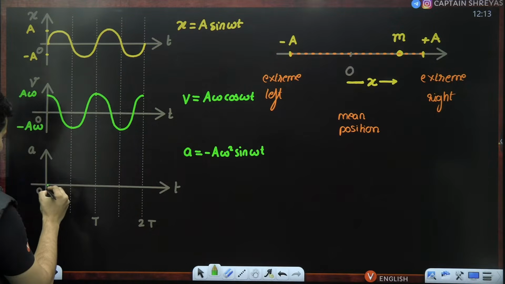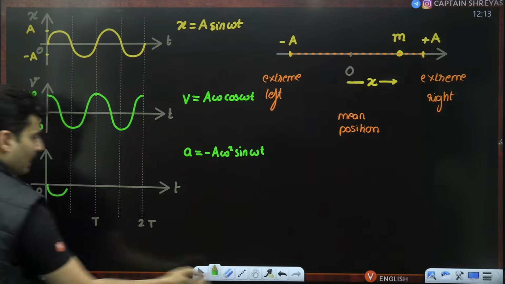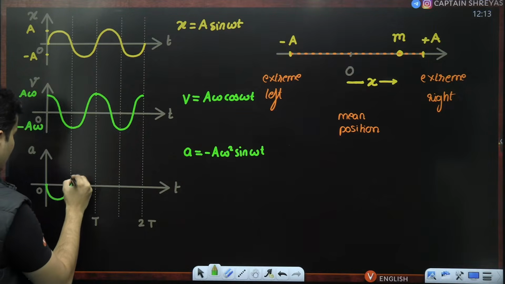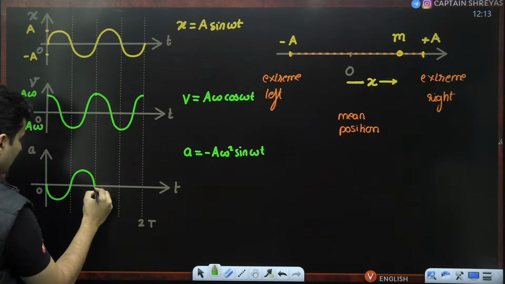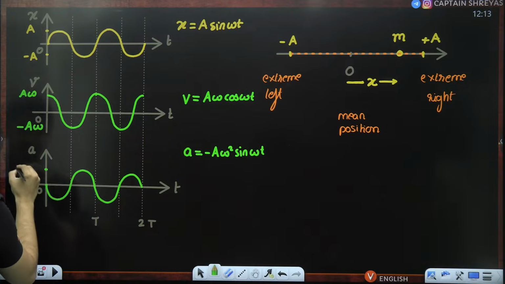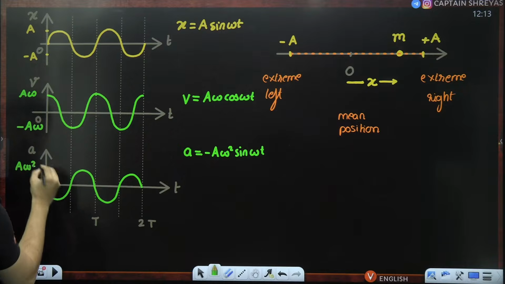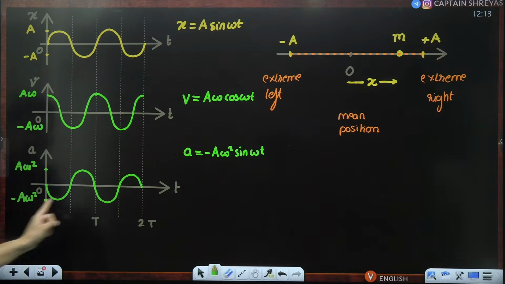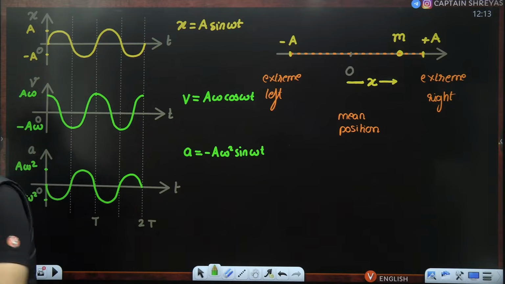The maximum value is A omega square and the least value is minus A omega square. Very, very important. Is this absolutely clear, my dear students?